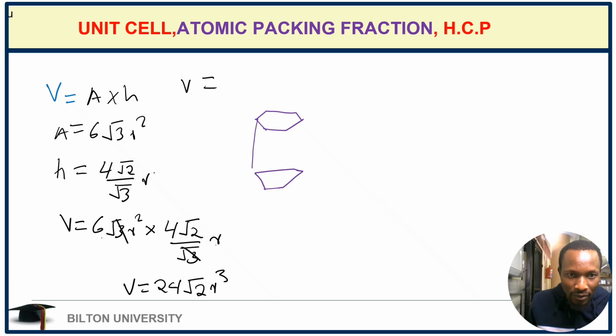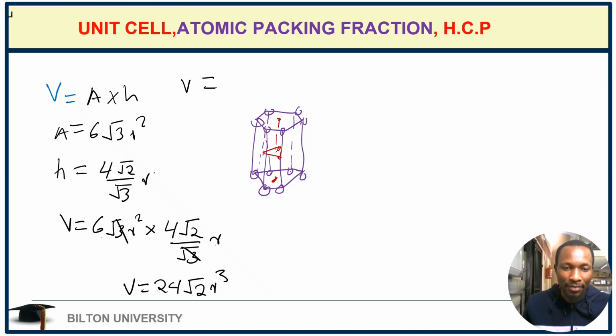Okay, so we add this one here, and we have 6 atoms, 1, 2, 3, 4, 5, the other one 6 at the back, 6, 7, 8, 9, 10, 11, 12. If we have this and we have one atom on each face, and we have 3 atoms here, 1, 2, 3, which were connected. Okay, yes, so this is what we have from the previous slide.